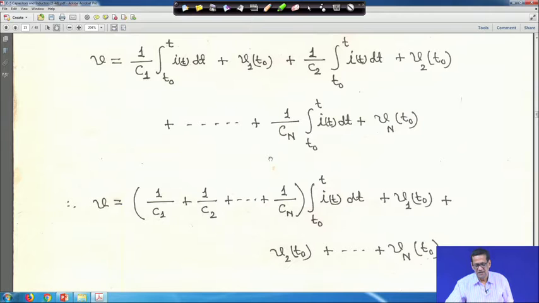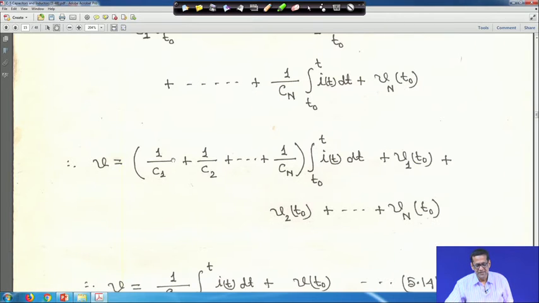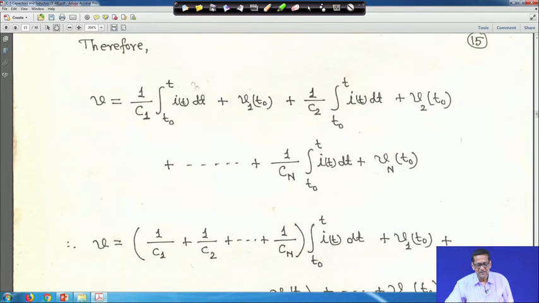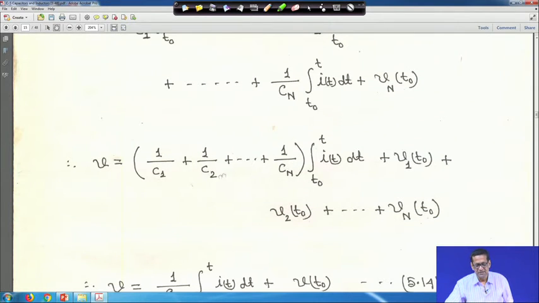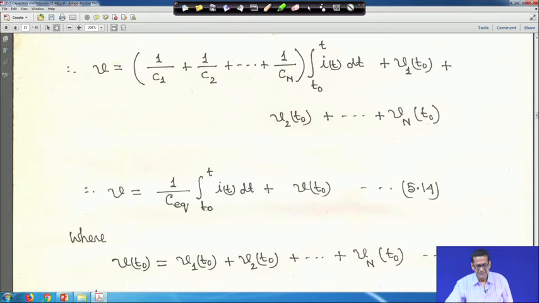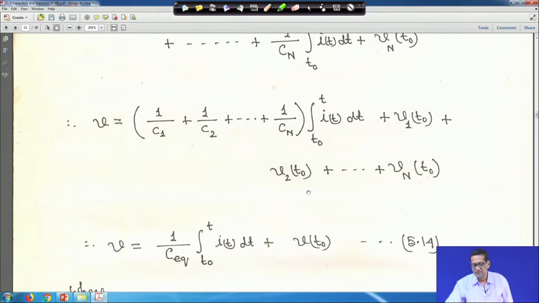Now, you collect all the terms: take 1 upon C1 plus 1 upon C2 up to 1 upon Cn in brackets, times the integral from T0 to T of i(t) dt, plus V1(T0) plus V2(T0) up to Vn(T0). Or you can write 1 upon Ceq, that is, C equivalent, integral from T0 to T of i(t) dt, plus V(T0). This is equation 14.